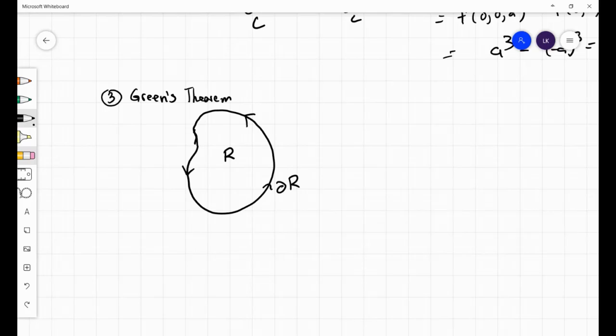Okay. And so Green's theorem says that the integral over that closed curve counterclockwise, where you're doing some work integral, is the same as the integral over the two-dimensional region itself.